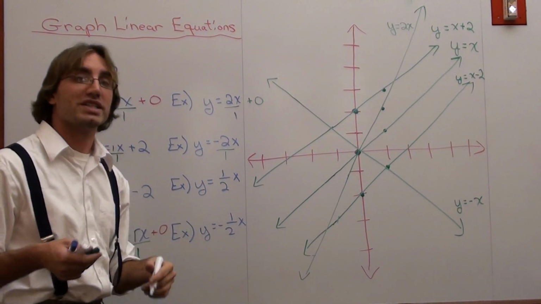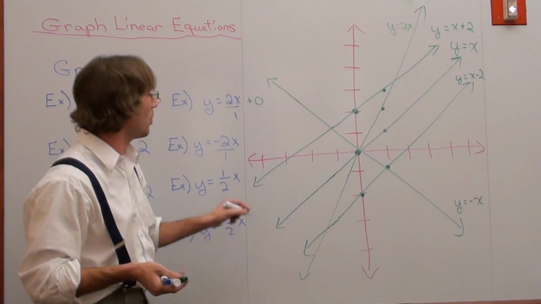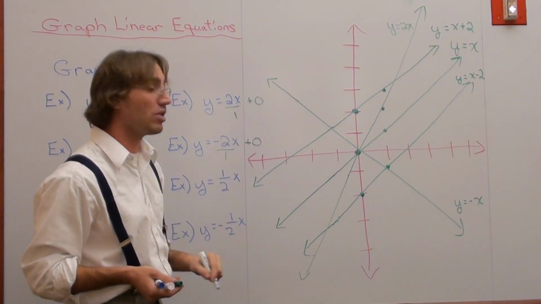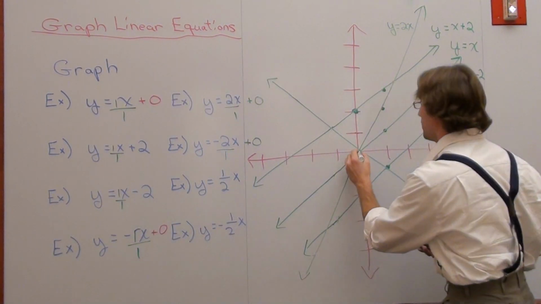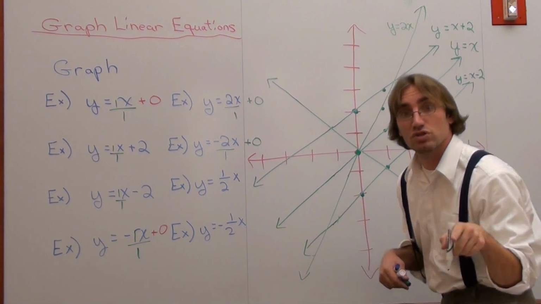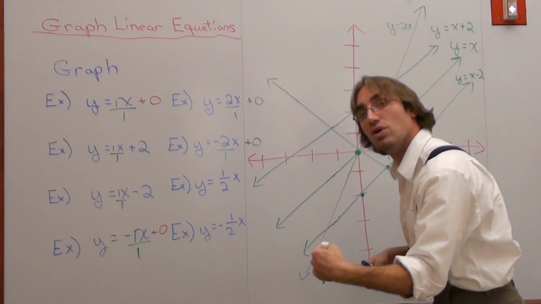Y equals negative 2x is the same thing as y equals negative 2x over 1. Y-intercept is at 0. So you plot it, and then you take care of the slope, which is negative 2 over 1.